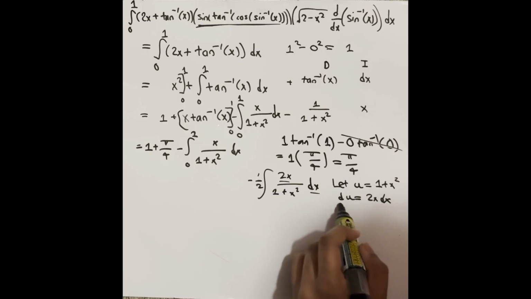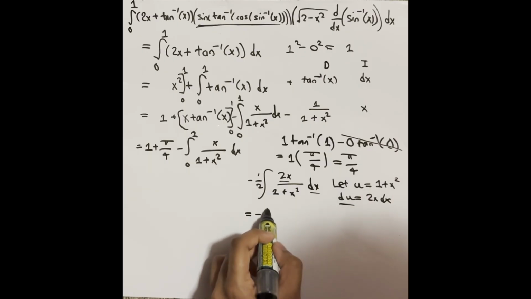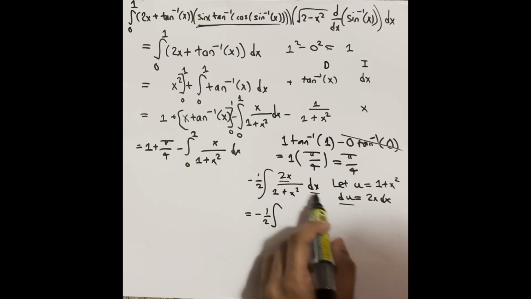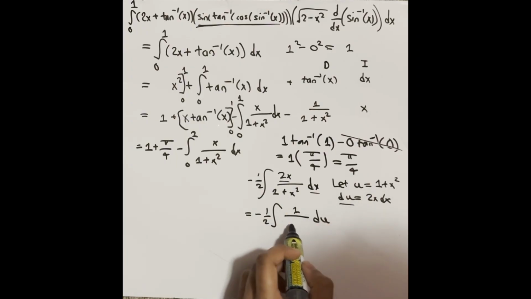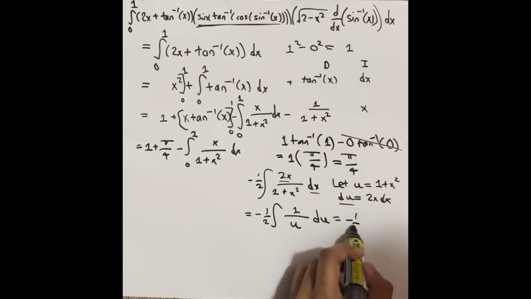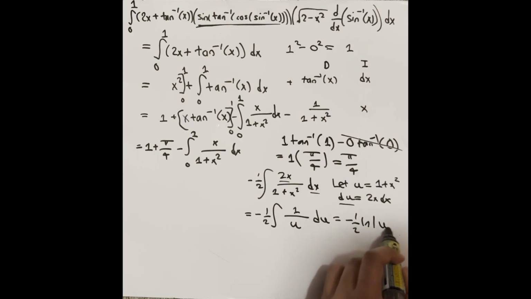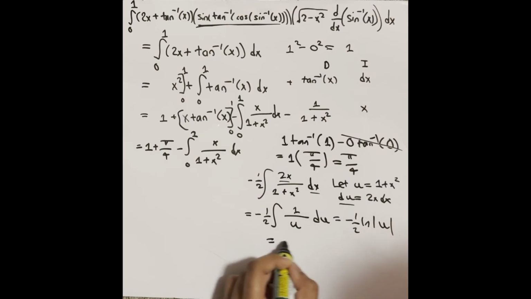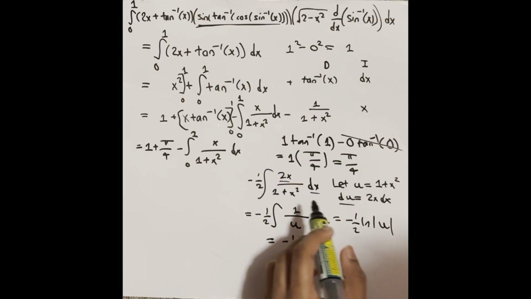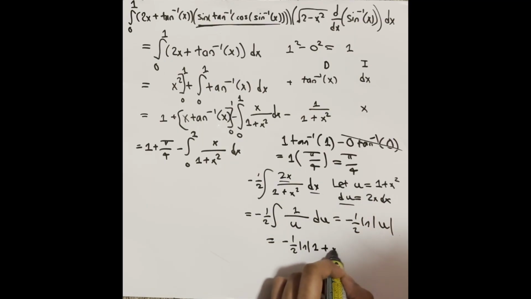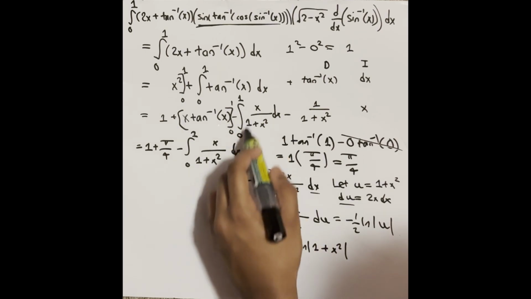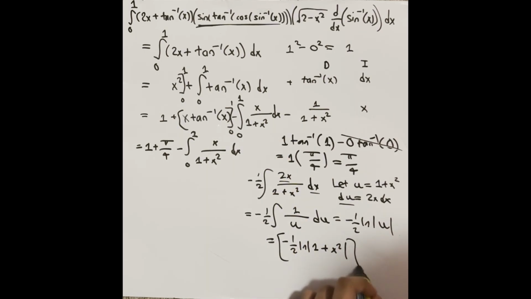So now that we have the integral of a function in the denominator and its derivative in the numerator, that is simply going to be the integral of 1 over u du multiplied by negative 1/2. So that's going to be negative 1/2 ln of absolute value of u, and u was 1 plus x squared, so we substitute that back in for negative 1/2 ln absolute value of 1 plus x squared. Now we have to evaluate this at 0 and 1.